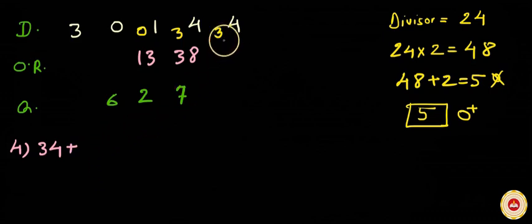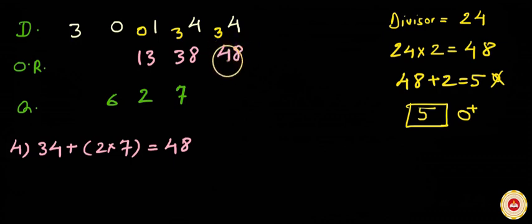So 34 plus 2 times last quotient, which is 7 here, which gives us 34 plus 14. 2 sevens are 14. That means 48. So write 48, last osculation number 48, below last digit in the dividend, which is 4.